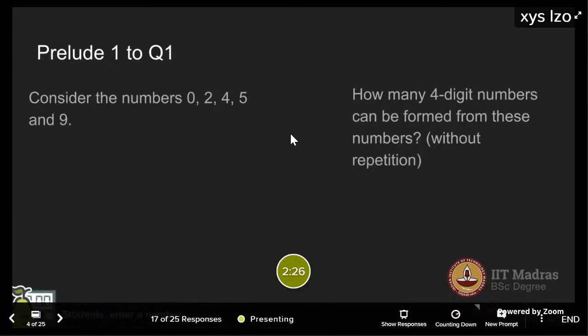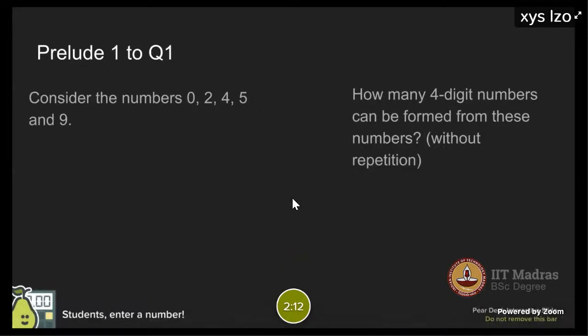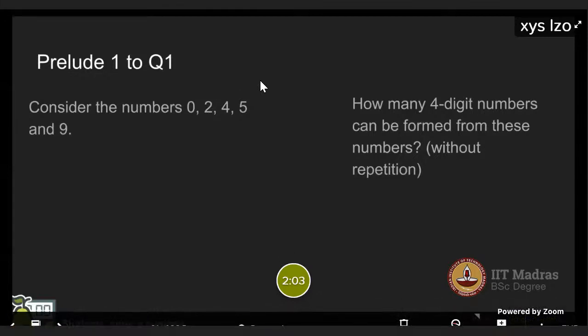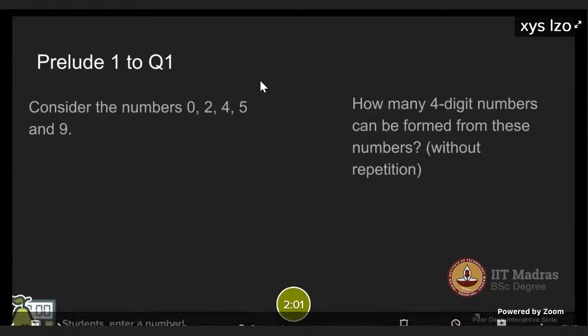You have entered this code XYSLZO. 18 of 25, I think people have started answering also. Yes, I made some mistake. XYSLZO.